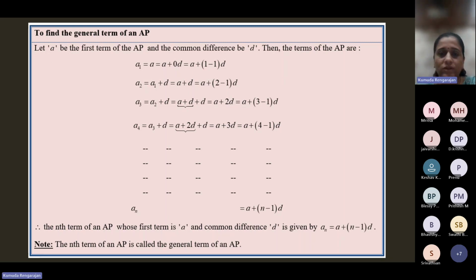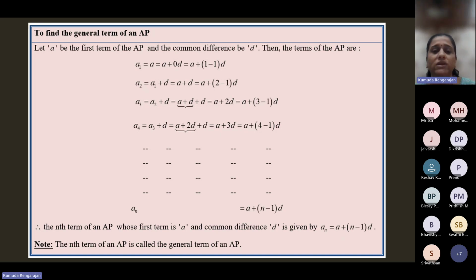Normally in a sequence or an arithmetic progression, the first few terms will be given, minimum 3 terms. Given that the sequence forms an arithmetic progression with those 3 terms, the question will be to find some particular term of the AP, which you cannot manually keep adding or subtracting, because it's time consuming.